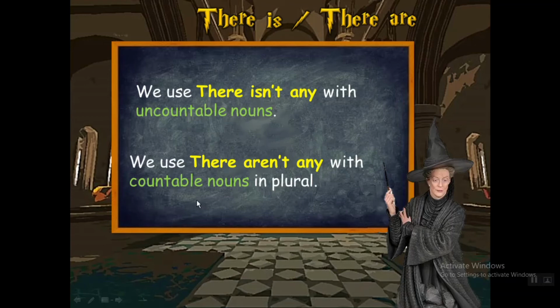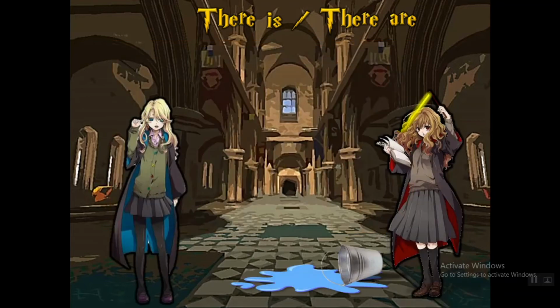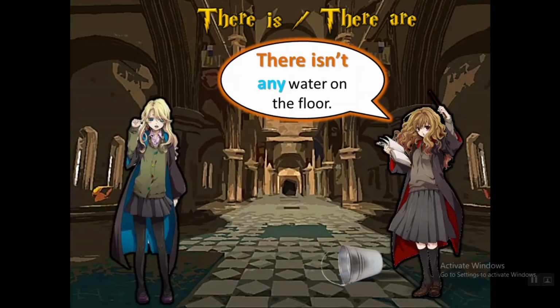Let's have an example. Okay, here, can you see any water on the floor? No. So we say there isn't any water on the floor.